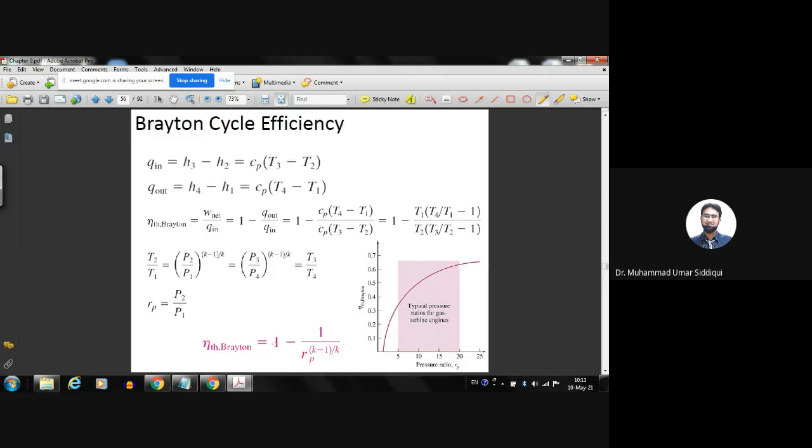Then just by knowing the pressure ratio, we can directly determine the thermal efficiency of the Brayton cycle. But this is only for these cases. If we have to do the exact analysis, or we have to consider the variation of the specific heat with temperature, then we cannot use this formula.